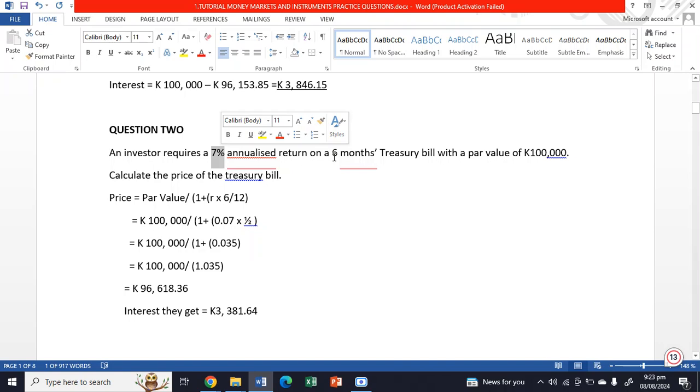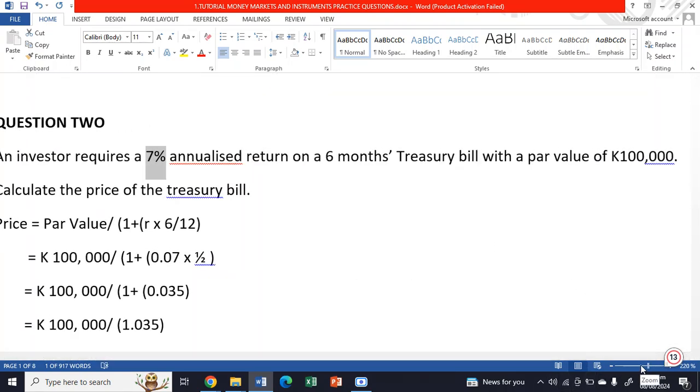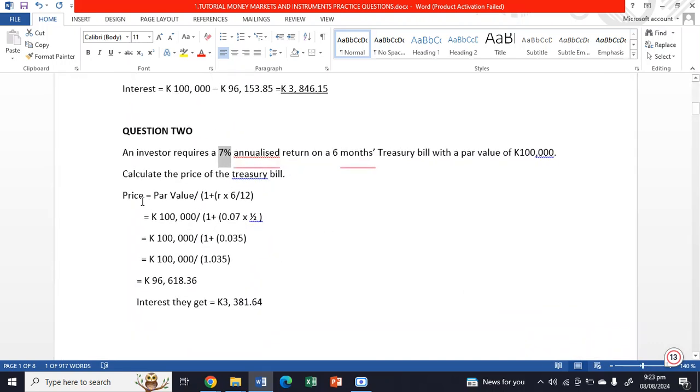All right. So as you can see in our formula here, the price is the par value over 1 plus the rate, which we're going to multiply by 6 over 12. Remember, 12 months is a full year. So 6 over 12, that's like half a year.